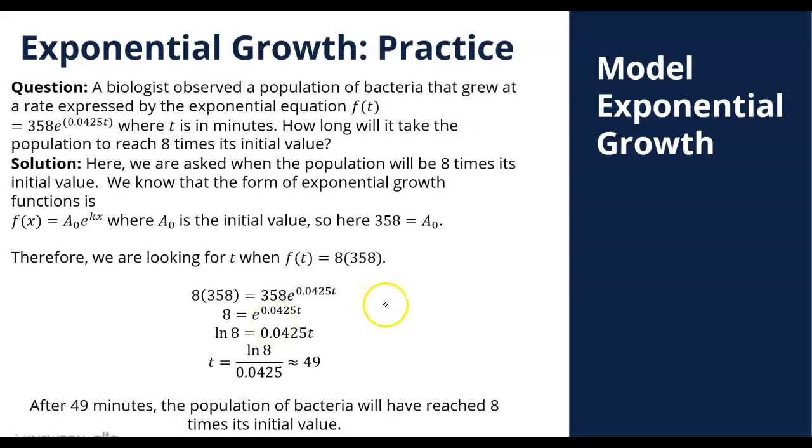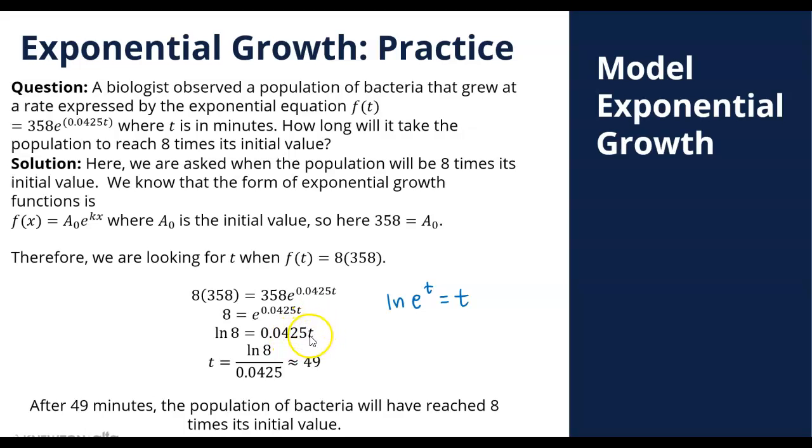So recall the property that ln of e to the t is just equal to t. Applying that property here, ln of e to the 0.0425t is just equal to 0.0425t.